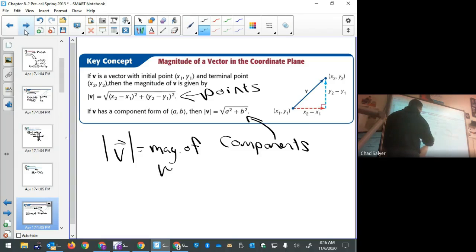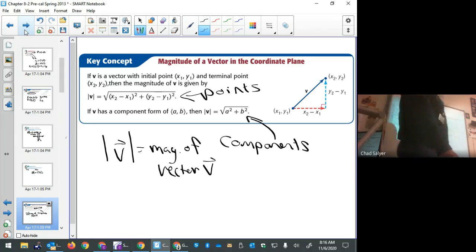of AB, that's what that means. And that can be quite confusing, just because we've used it in so many different ways so far.